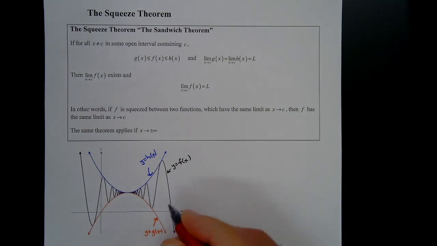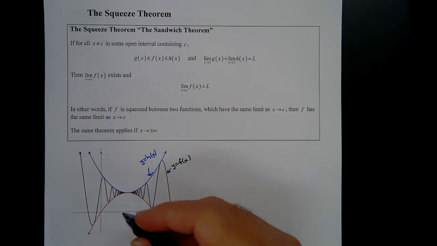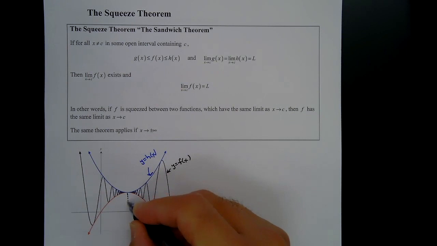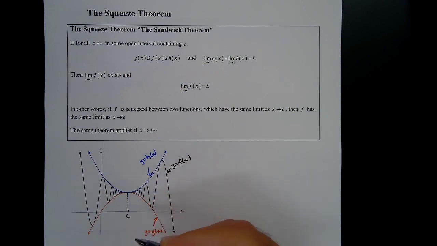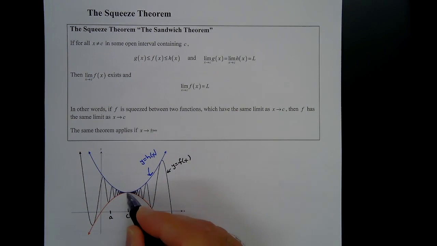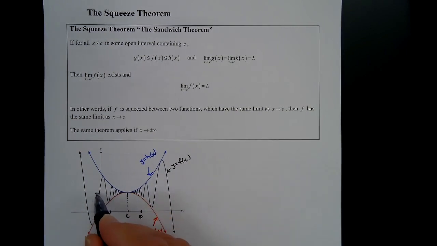And you see how f of x is sandwiched in between these two. We're actually trying to find the limit as x approaches c of the black one. We can call this c right here. I'm going to go on either side of that, and call this a and this b. You can see that both of these at c are approaching the same value right here. This is my limit, this is my L right here.